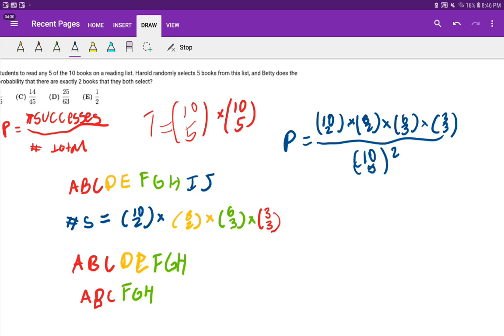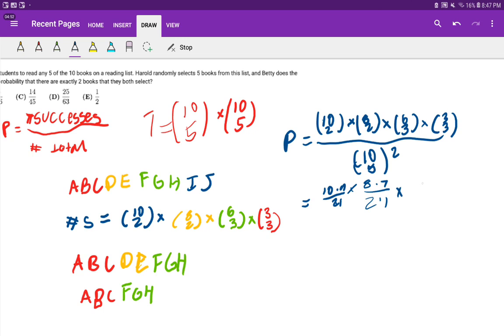So let's first compute these. Instead of computing them, we can just write down the factors. So we have 10 choose 2 is equal to 10 times 9 over 2, times 8 choose 2, which is 8 times 7 over 2 times 1.